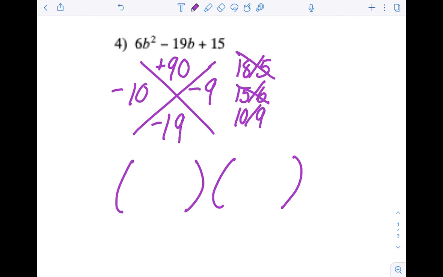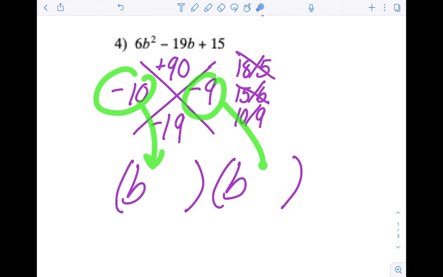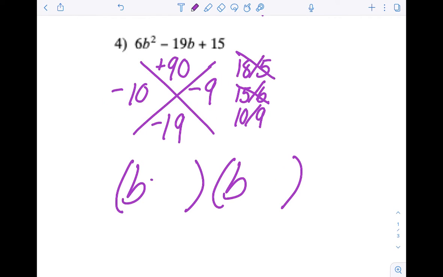So, just like we did on number 5, let us do double parentheses. Boom, boom, like that. I got b squared, so that means that each parenthesis is going to get a b. And this negative 10 is going to go right there. This negative 9 is going to go right there.